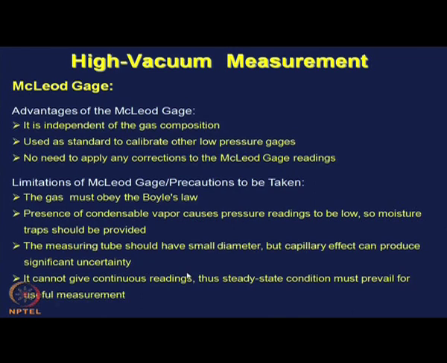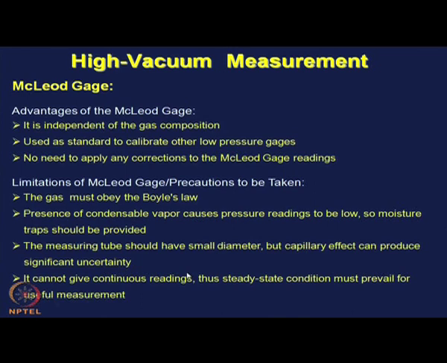So, you must remember these limitations of the McLeod gauge, or precautions that we must take while using it. The gas whose pressure we are going to measure must obey Boyle's law. The presence of condensable vapor can cause uncertainty in the measurement, so moisture taps should be provided.